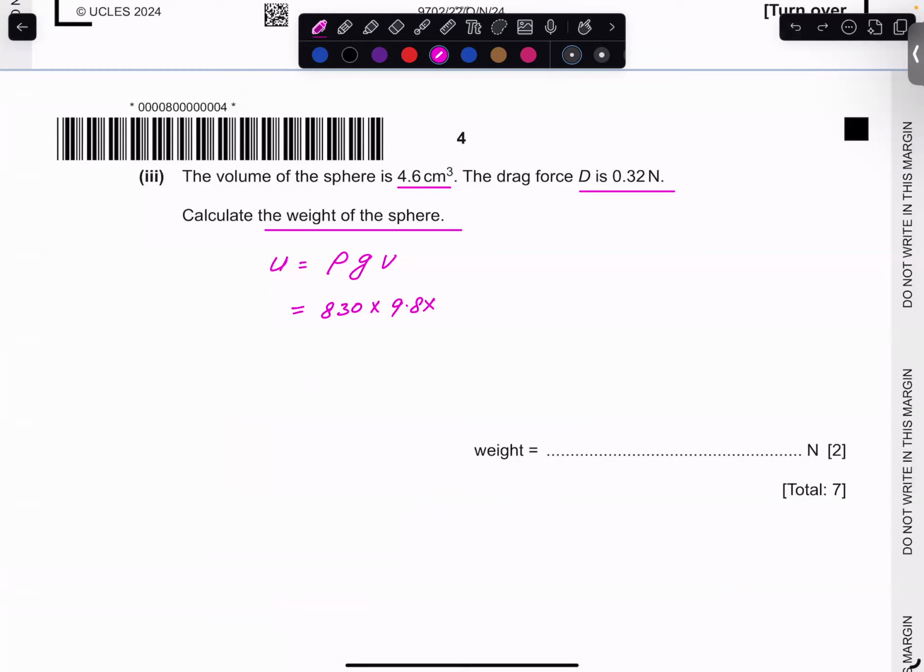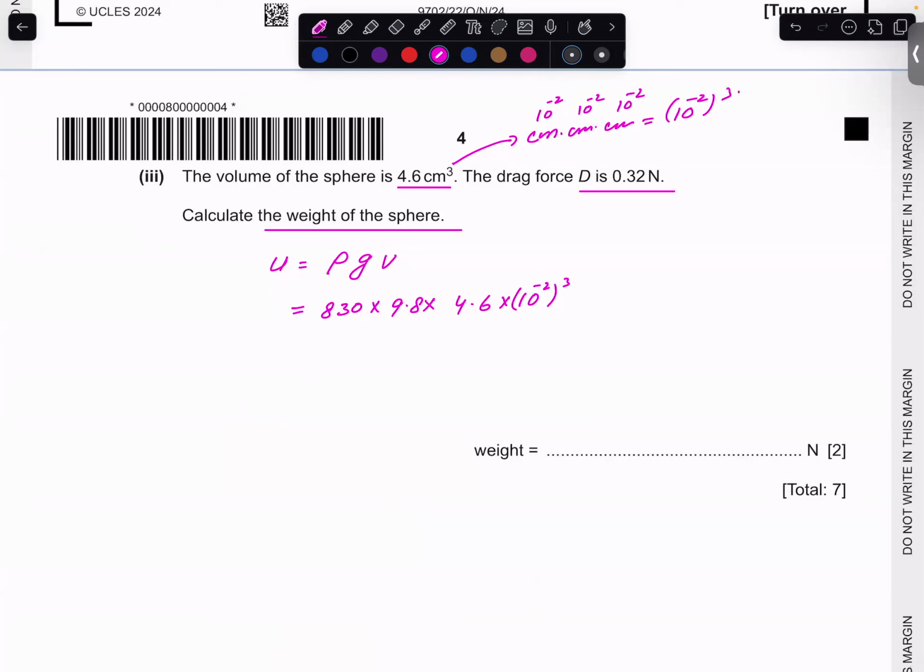If I convert this cubic centimeter, then I have to write 4.6 into 10 raised to power minus 2, all to the power 3. Why? Because this is centimeter, centimeter, centimeter. So 10 power minus 2, 10 power minus 2, 10 power minus 2, which can be written as 10 power minus 2 all power 3.